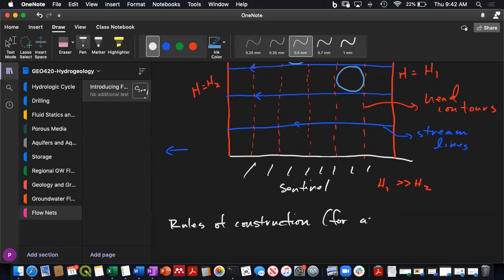And this is for my assumptions above. So, rules of construction for a homogeneous, isotropic, steady state, constant thickness aquifer.